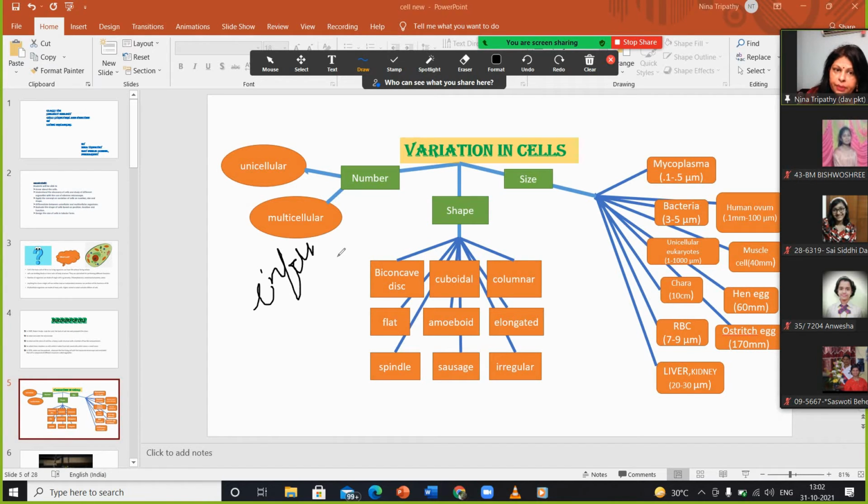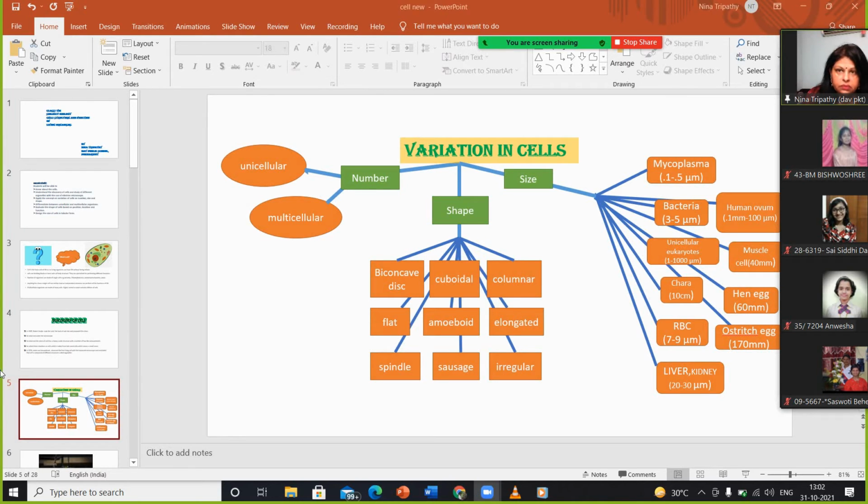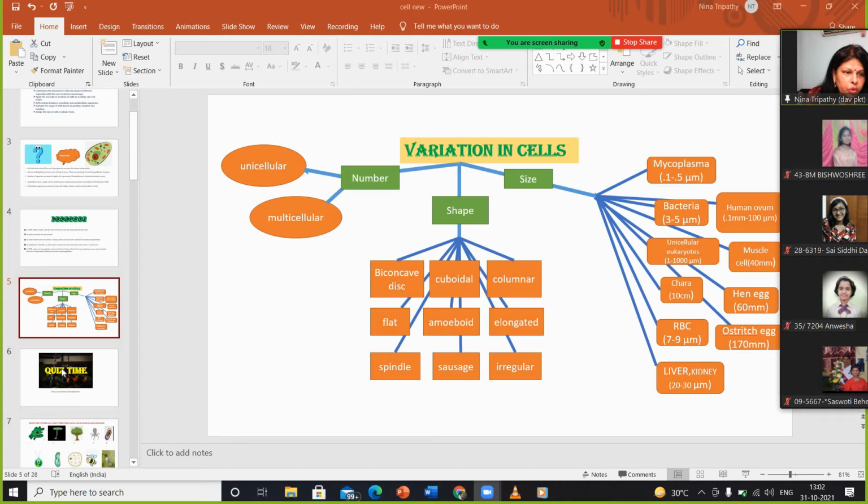The newborn baby has 2 into 10 to the power 12 cells. But the amoeba, how many cells? 1 cell. Only 1 cell. Okay. Very good. Then next will be quiz time for you.